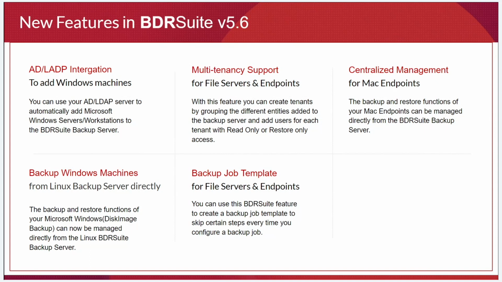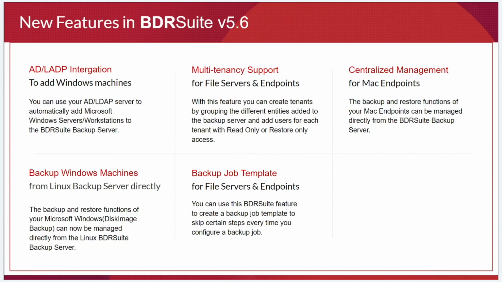Initially the multi-tenancy was provided for all the image level backups like VMware, Hyper-V, and Windows Disk Image, and we did have it for your SaaS applications and cloud workloads, but we were left out with the support for file servers and endpoints, and now we have integrated that feature as well into version 5.6. And all these we will be seeing in a demo, obviously. So I'm just giving you the detailing here.